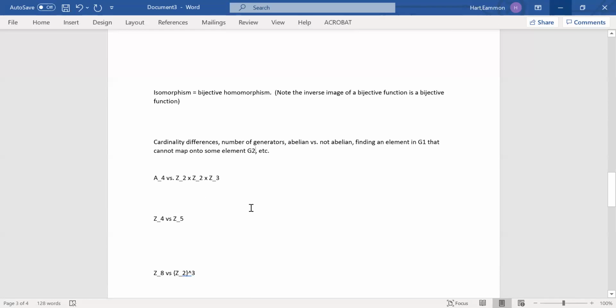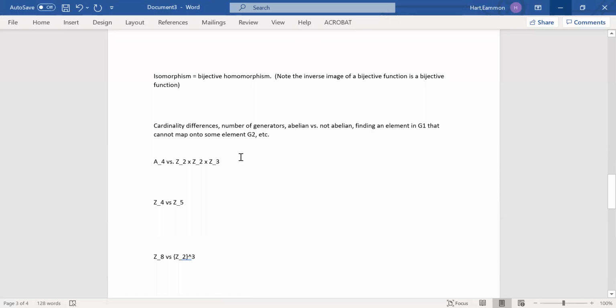So using some of these ideas, why are these not isomorphic? A4 is the alternating group on 4 elements. It has 12 elements in it.